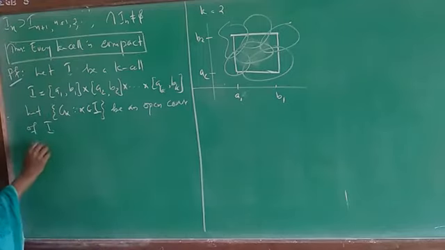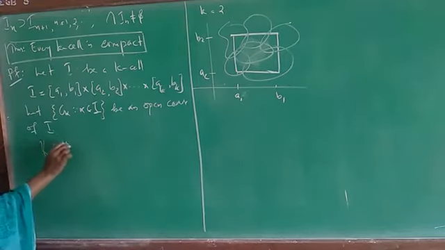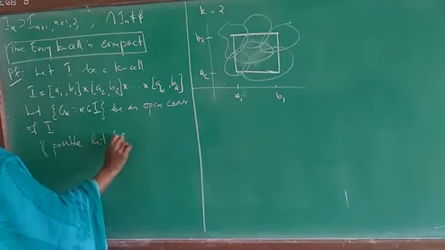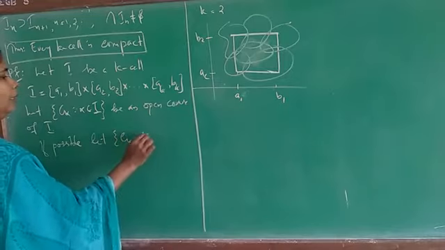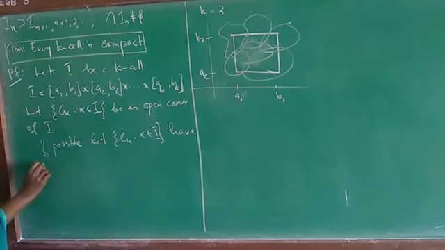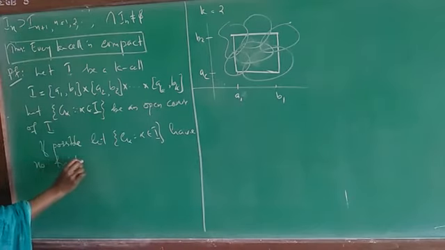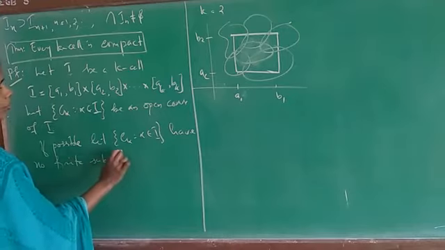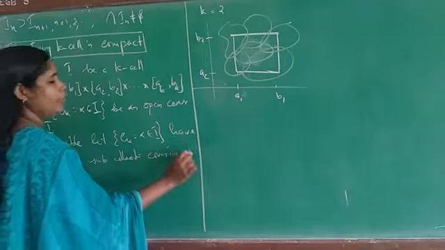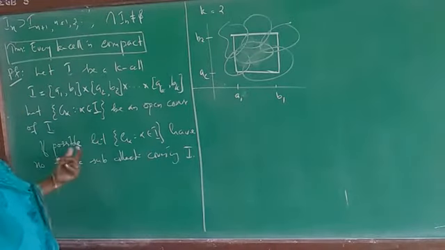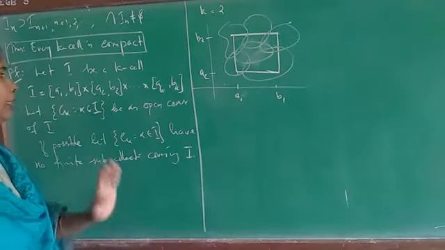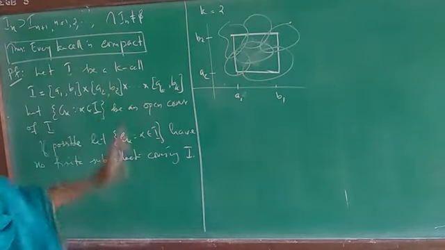So if possible, let G_alpha have no finite subcollection covering I. We are assuming the wrong thing, because a K cell must be compact.